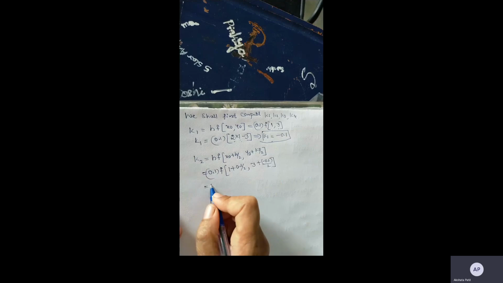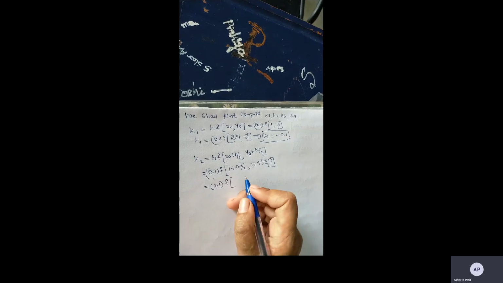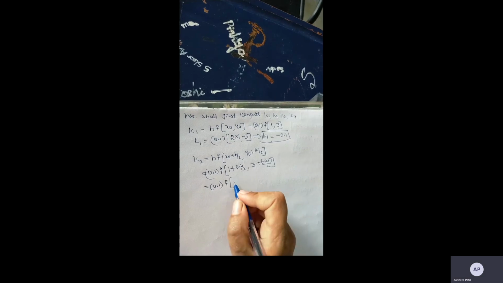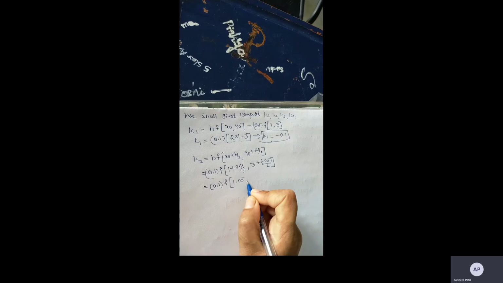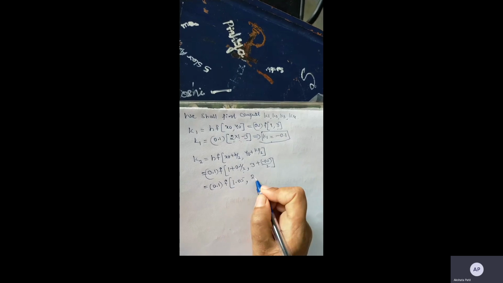So 0.1 divided by 2 means 0.05 plus 1 gives 1.05, and here you'll get 2.95.